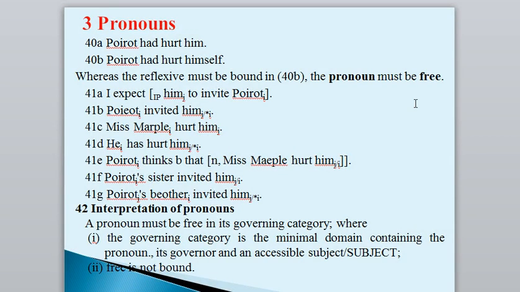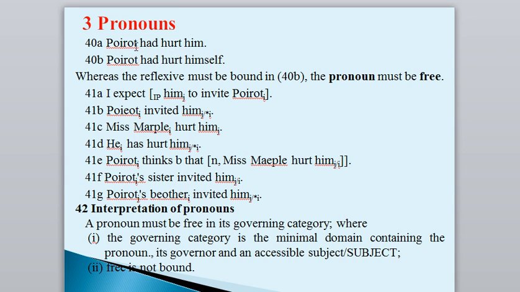So this is Principle A of the binding theory. The second principle of binding theory, as I told you, talks about the pronouns. For example, look at these two examples. Poirot had hurt him. This is a kind of pronoun. Poirot had hurt himself. This is a kind of reflexive pronoun. In this sentence, we can co-index himself, the reflexive, with Poirot, because Poirot here is the antecedent of himself, and this is okay.